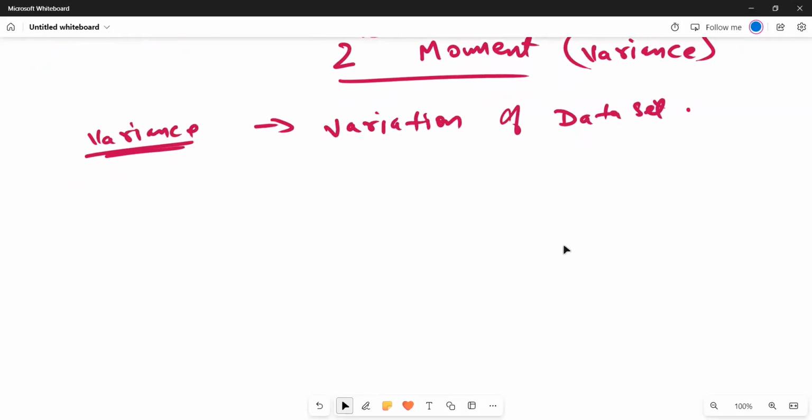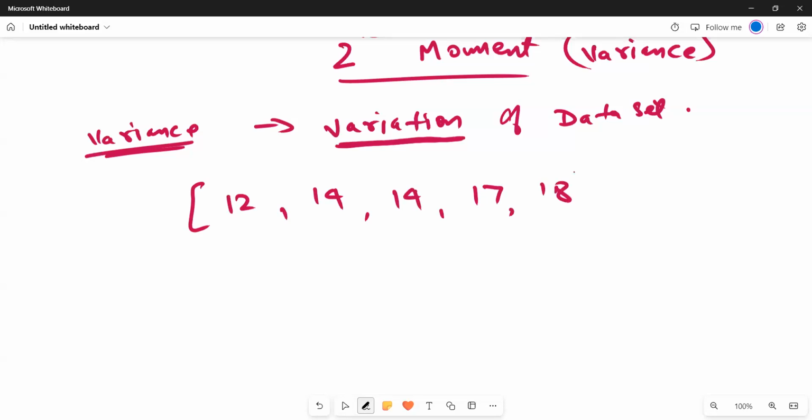All right. So the variation of a data set, when variation is to be calculated, variation is always calculated between two adjacent points. For example, let's say I have 12, 14, 14, 17, and 18.